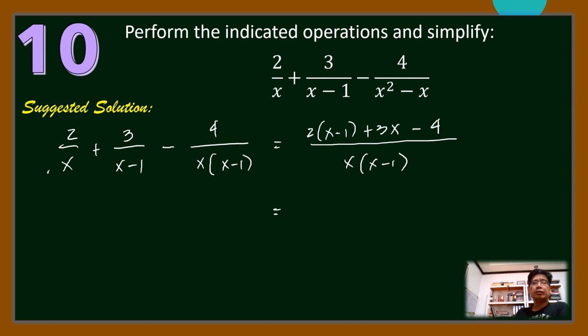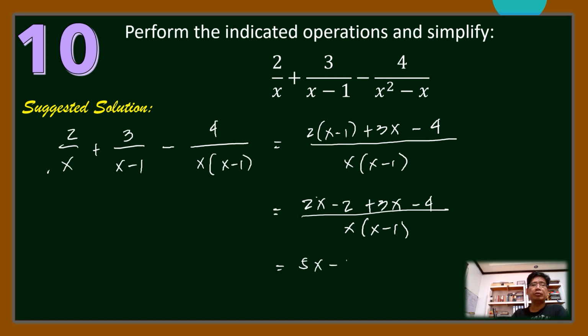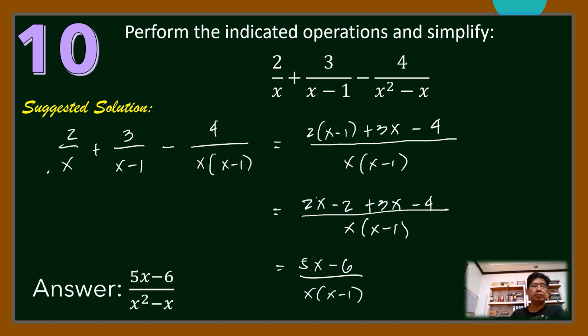So we have 2x minus 2 plus 3x minus 4 over x times x minus 1. 2x plus 3x is 5x. Negative 2 minus 4 is negative 6 over x times x minus 1. Or 5x minus 6 over x squared minus x.